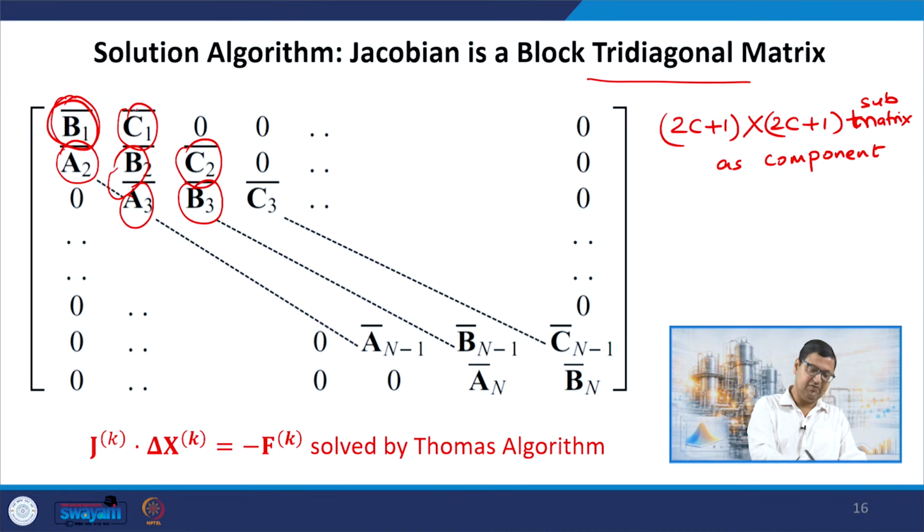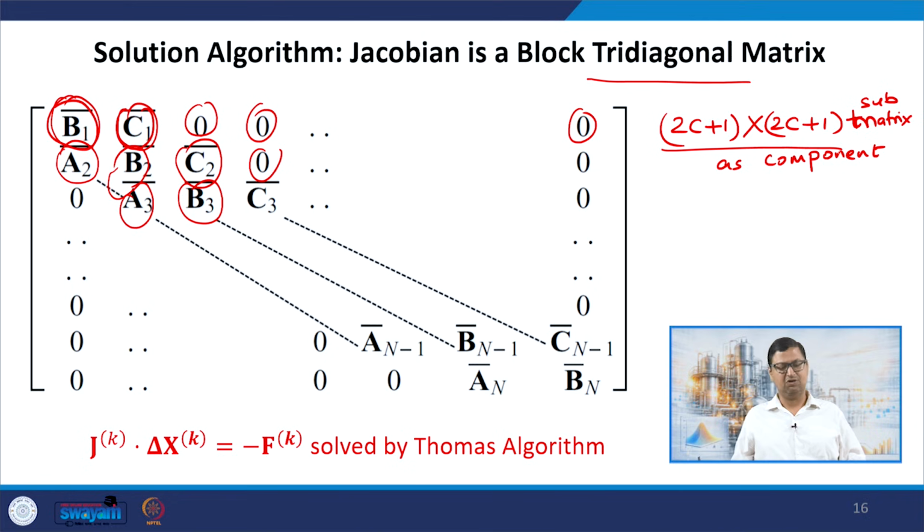Each of them, B1, C1 and so on, are submatrices. And the zeros you see are also matrices of the same dimensions, 2C plus 1 into 2C plus 1, but containing all zeros.